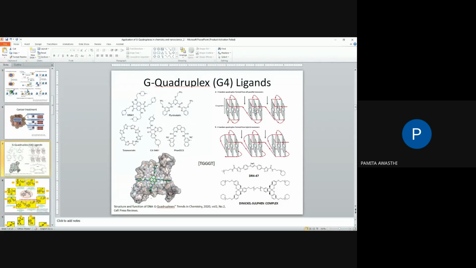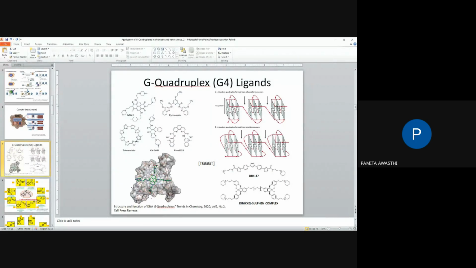So these are the two types of quadruplexes, the parallel as well as the anti-parallel, or you can say the hybrid structures.